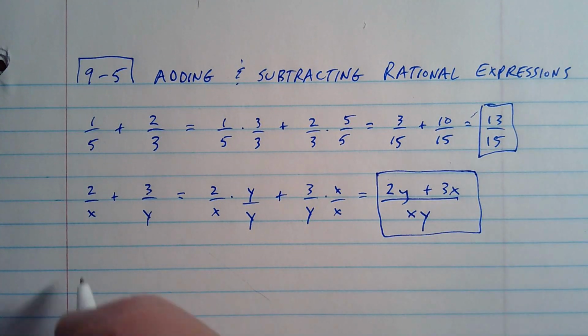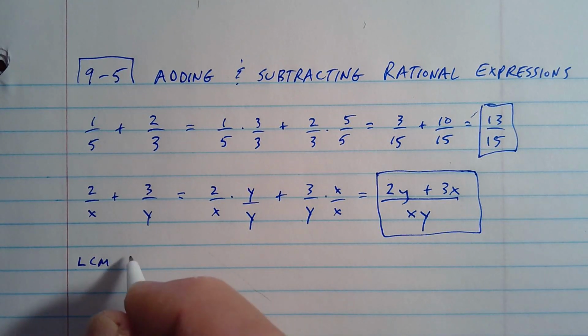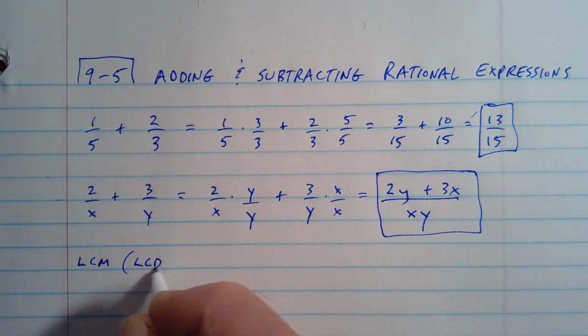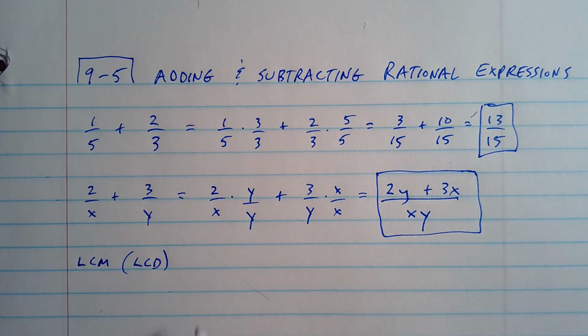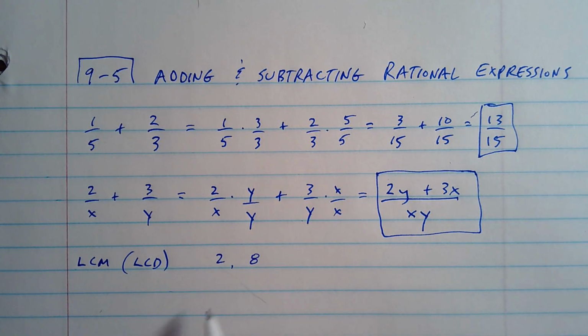Let's just review least common multiple one more time. So least common multiple, that's the least common denominator when you're in a fraction of two numbers, say 2 and 8. So what's the least common denominator if we had 2 and 8 as the denominators, or the least common multiple if I had 2 and 8 as the numbers? And so this 2 is prime, so it's just 1, 2. This 8 is not prime, it's actually 3 2's.